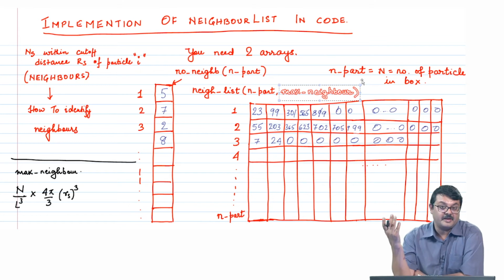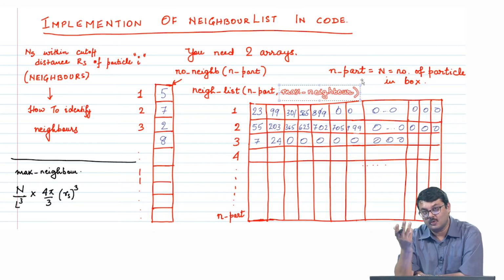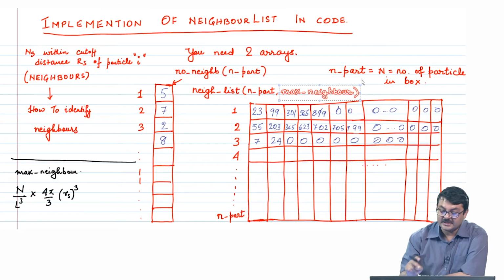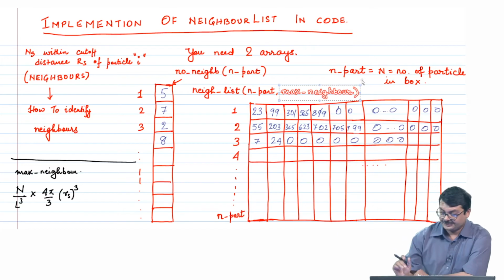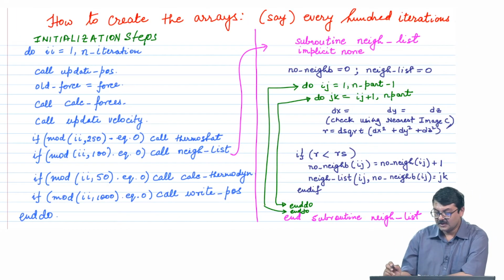But of course, if you have n part particles, then you do have some large arrays like position, which is 3 into n part, velocity is 3 into n part, then the force array and the old force array, each of these are 3 into n part. But this one, which is a 2-dimensional array, is typically often the largest array in the standard MD simulation, because of the large value of max neighbor.